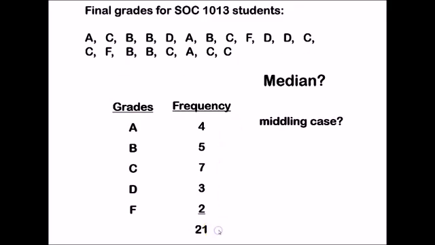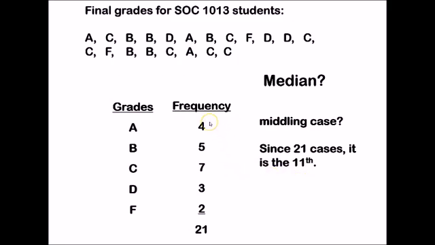We have 21 cases. Our n is 21, so what would be the middling case? You can find that by finding the one in the middle, which would be 21 divided by 2, and then rounding up to the nearest value would be the 11th case.